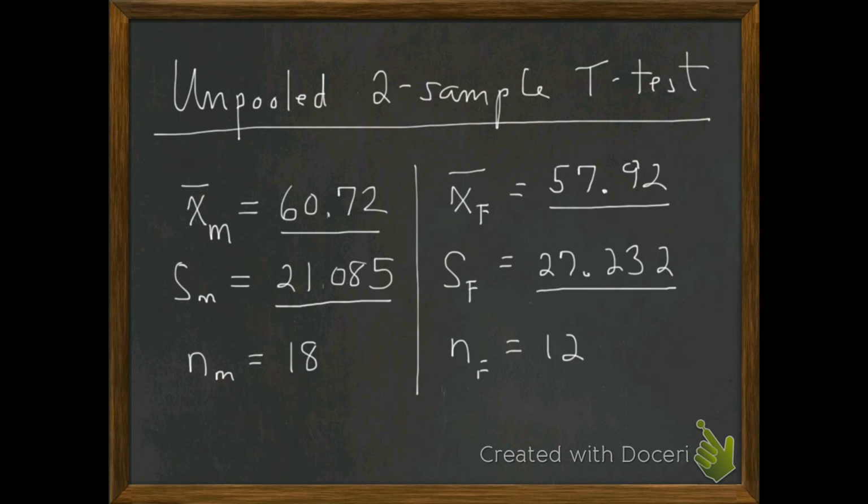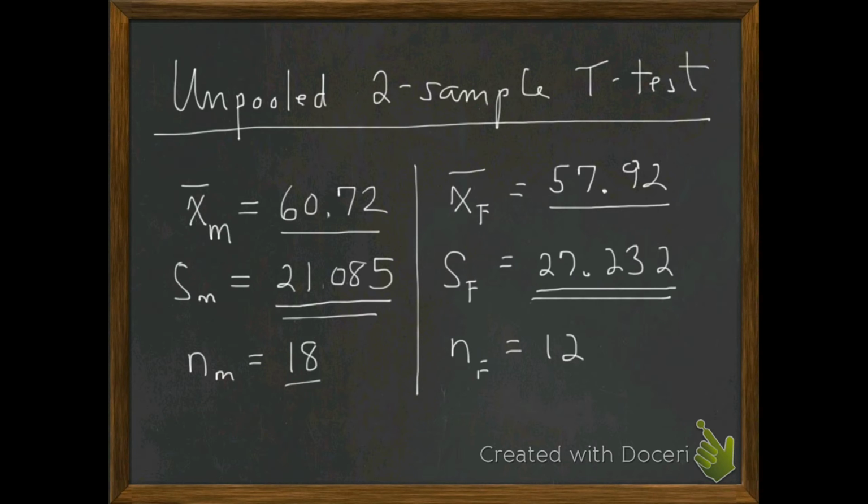And to me, 21 versus 27 is a pretty significant difference in terms of generalizing that the population standard deviations, or population variances, are equal. I still don't know. Again, sample standard deviations vary from sample to sample. So these things aren't concrete.